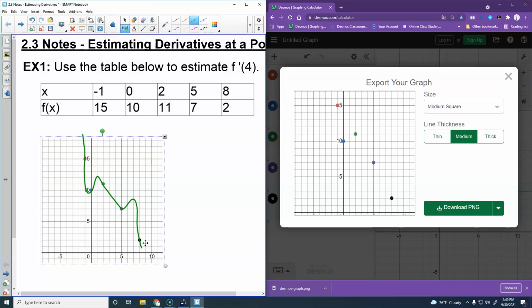But we are asked to estimate f prime of 4. So if I look at this graph, if it was this green line that I have right here, 4 falls about right there. Let me make it look curved.